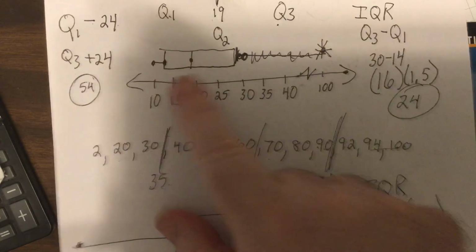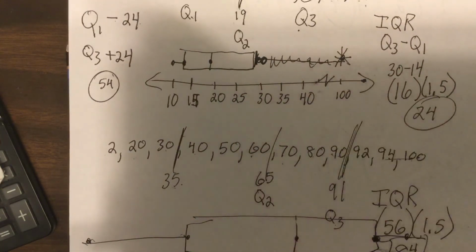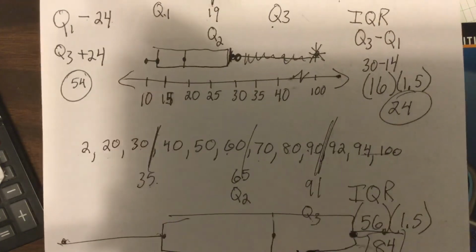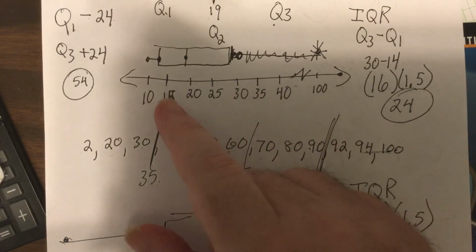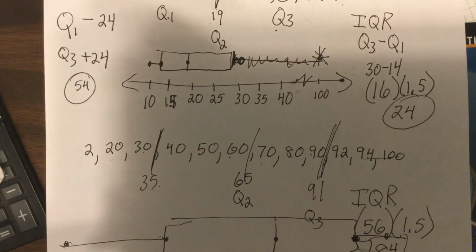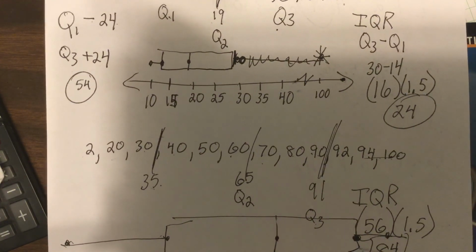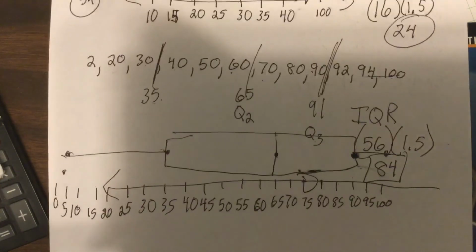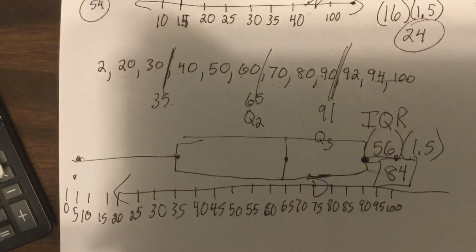So I might give you a graph and then say, hey, would that number be an outlier? So it's Q3 minus Q1, and then multiply by 1.5. Then subtract from Q1 and add to Q3. But no questions on the test.